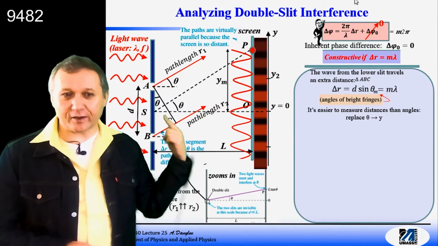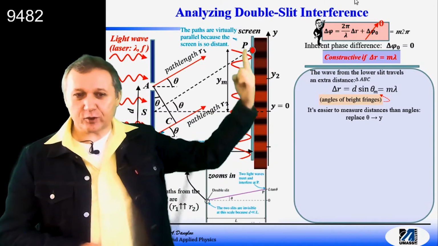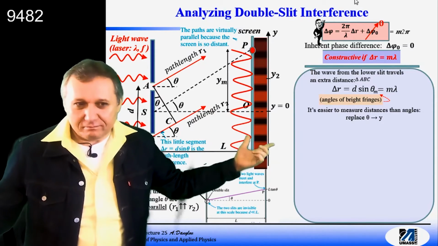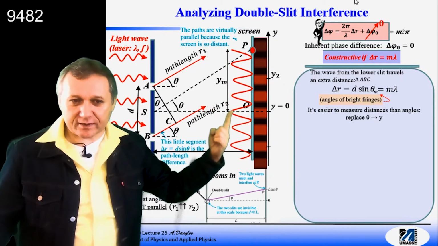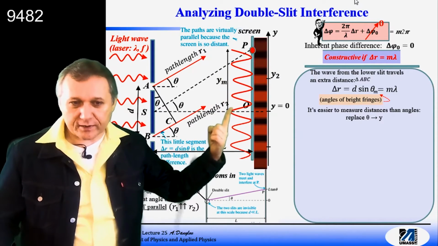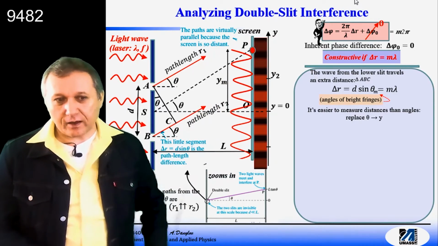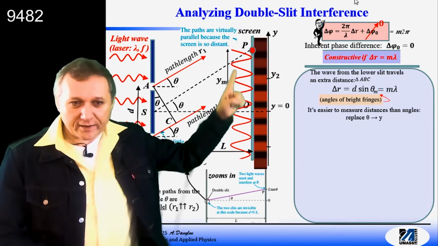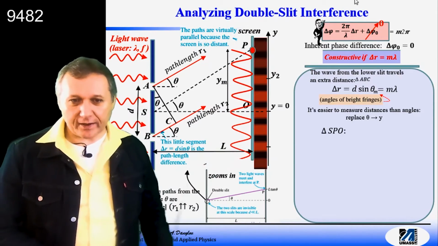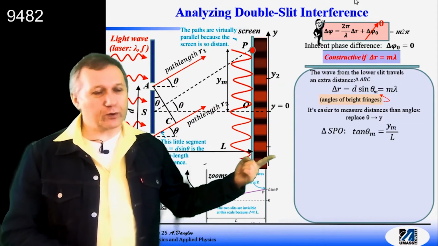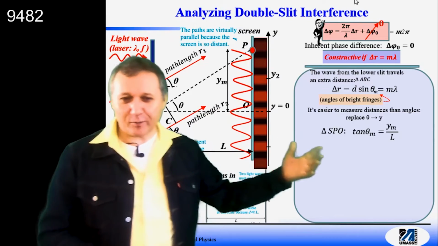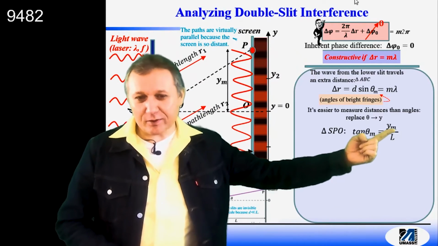In this right triangle, we know this distance L. Piece of cake. Tangent of this angle theta equals the ratio of the opposite side to the adjacent side, ym divided by L. From this triangle, SPO, sounds like HBO, okay, whatever. Tangent theta m equals ym over L.